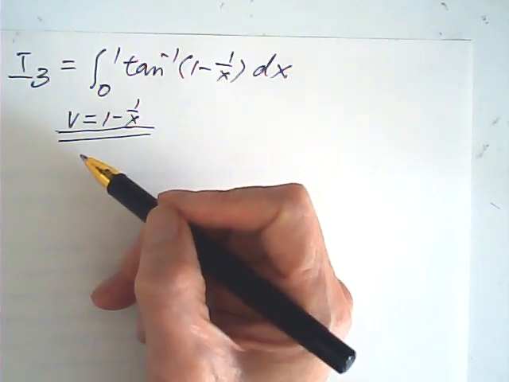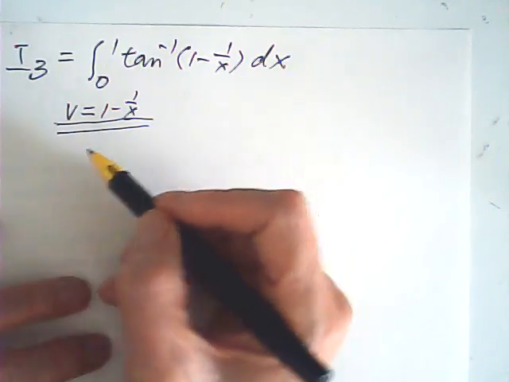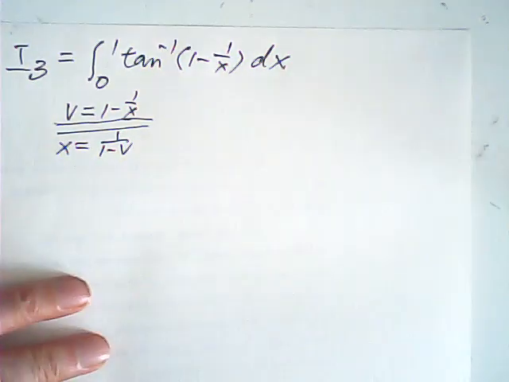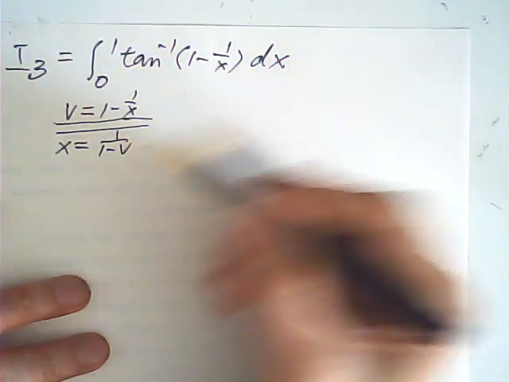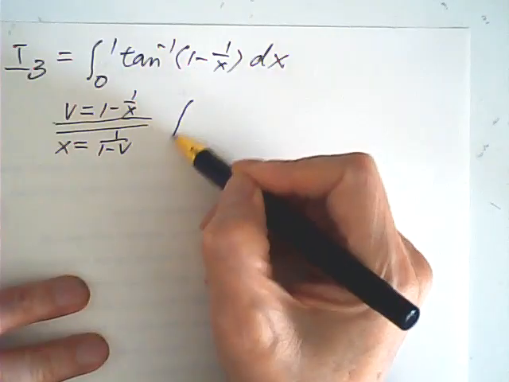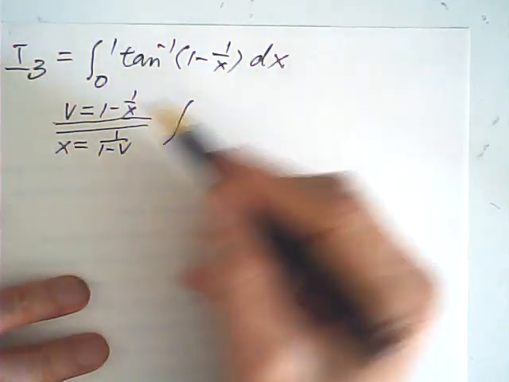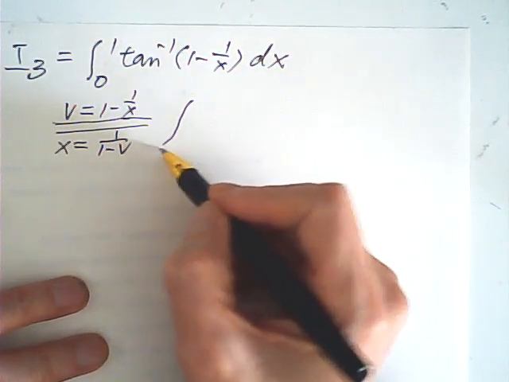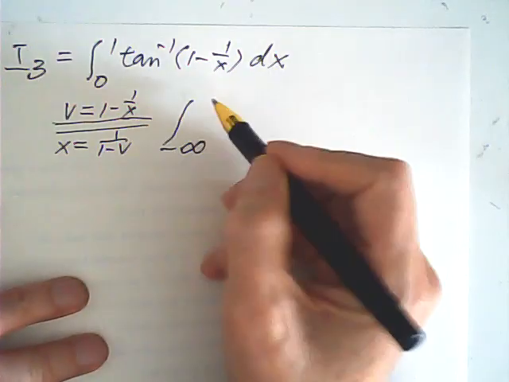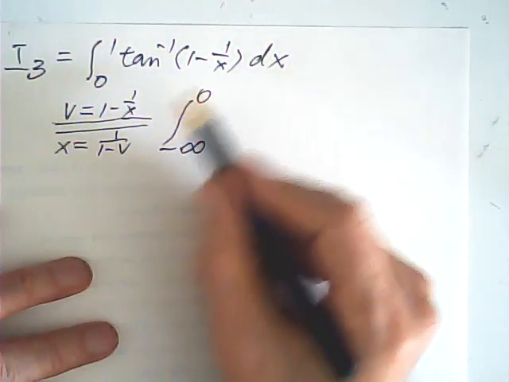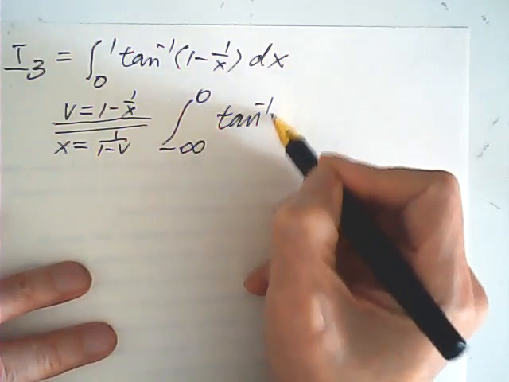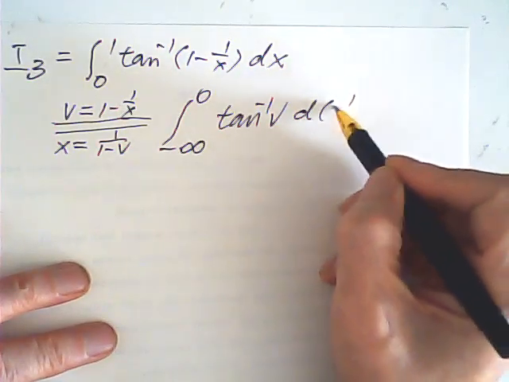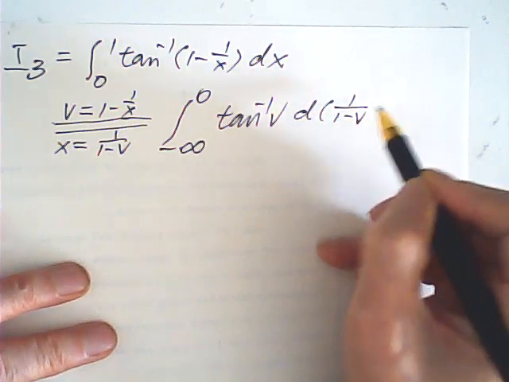Then my x will be 1 over 1 minus v. Then I change this integral: when x is 0 it is negative infinity, when x equals 1 it is 0. This becomes arctangent v. Dx will be this, d of 1 over 1 minus v, right?